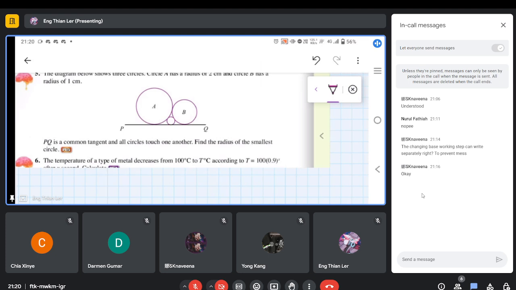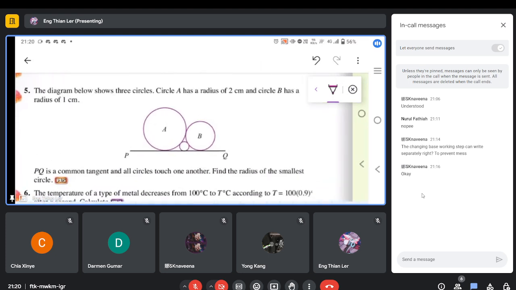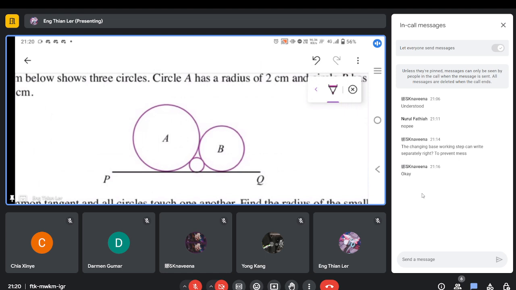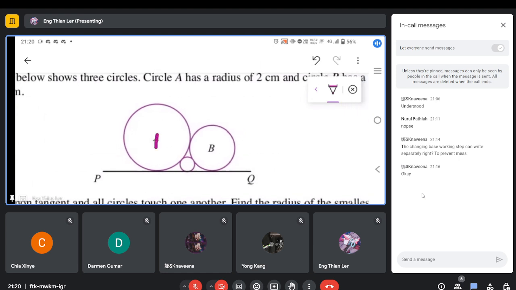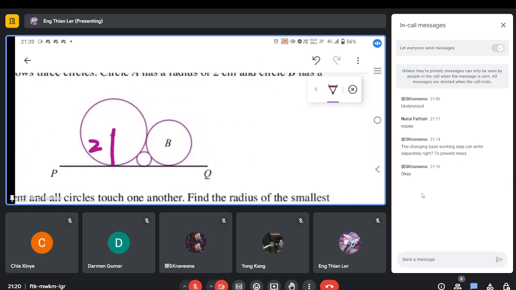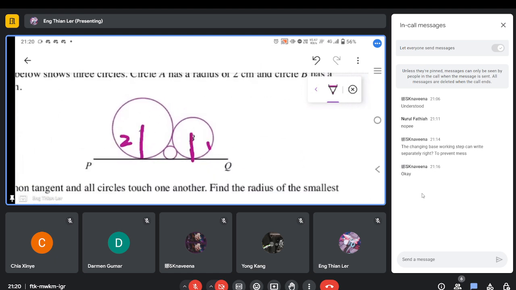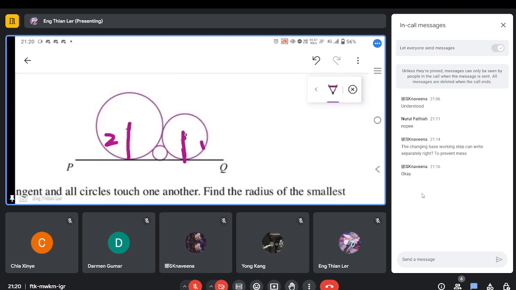Now this is really difficult to explain, but I will try my best to let you all understand what's happening right here. From the question, we know that circle A has a radius of 2, so this is 2, and B has a radius of 1, this is 1. And now we have 2 lines.